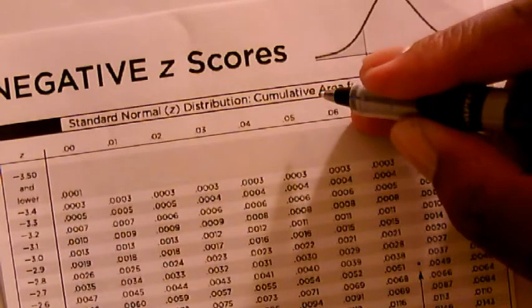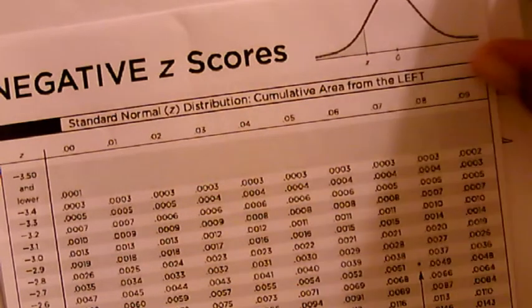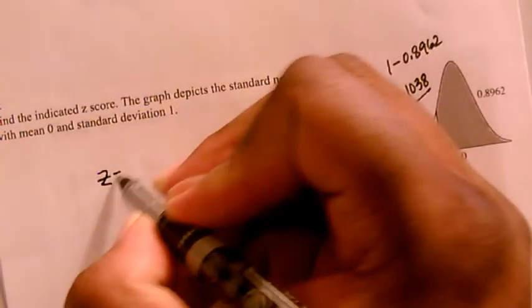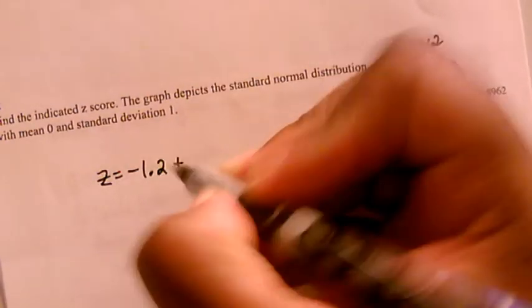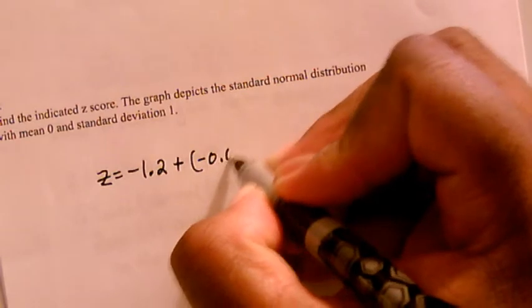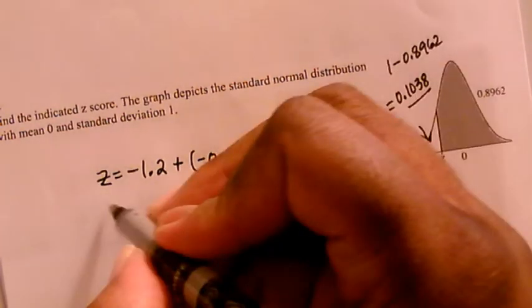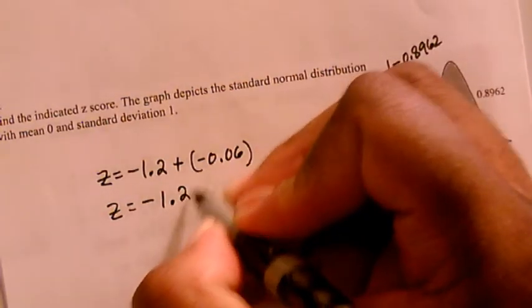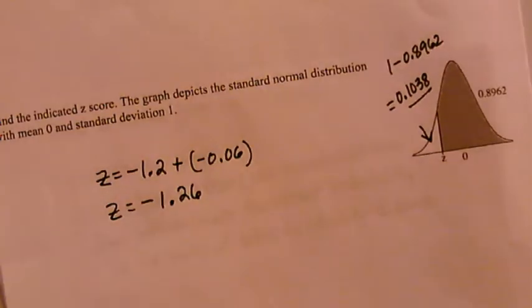So here's the 0.06, and then we got negative 1.2. So in this case here, our z will be the negative 1.2 plus, and we have to make that 0.06 negative. So in this case here, it'll be a negative 1.26.